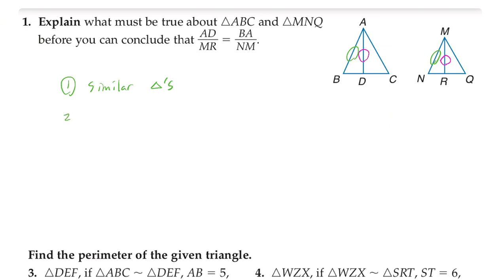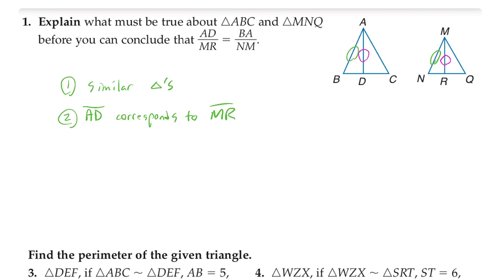Okay, but the second thing is, now that we have similar triangles, we just need to know that AD corresponds to MR. So if we know at all that these 2 correspond, right?